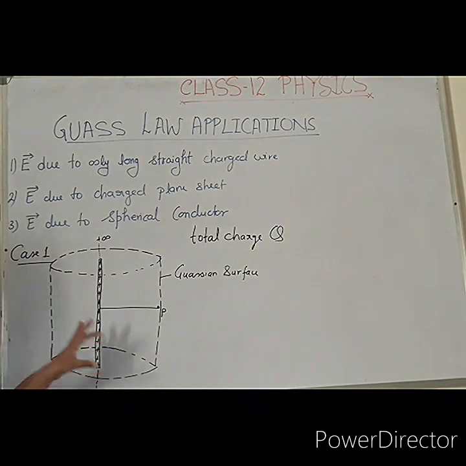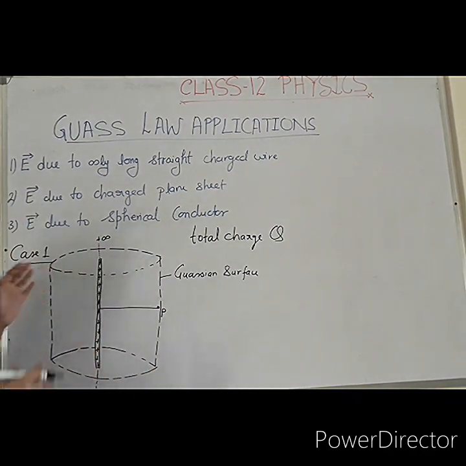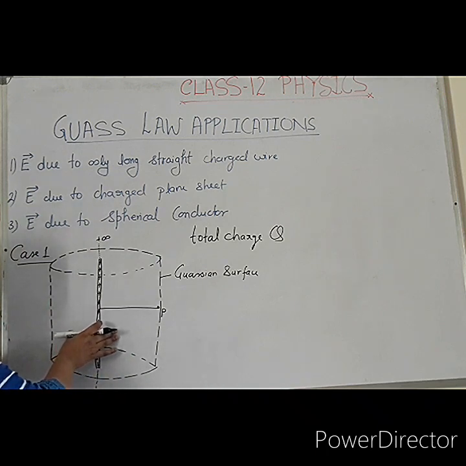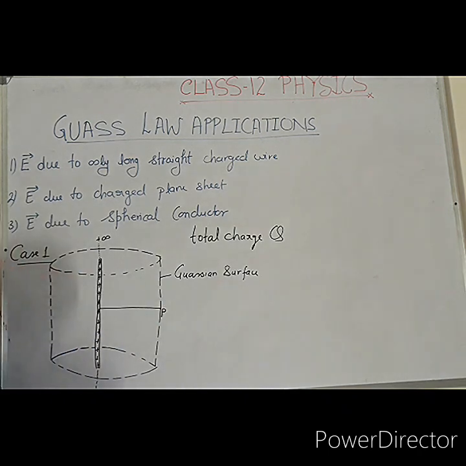We have chosen the shape as cylindrical here. Why? Because a cylindrical shape can enclose this wire, and now the wire is enclosed by the surface, and then we can use Gauss law corresponding to this Gaussian surface.